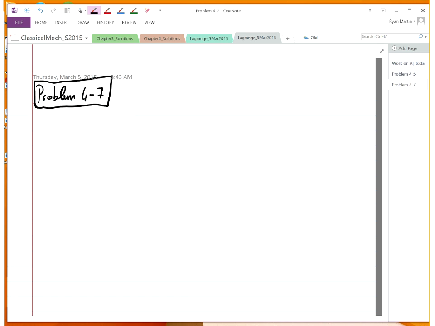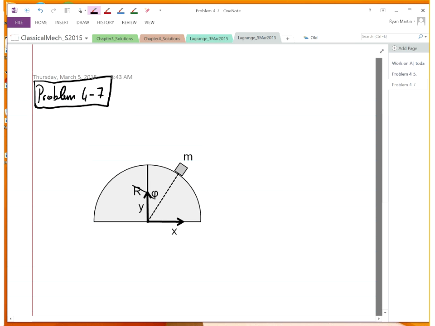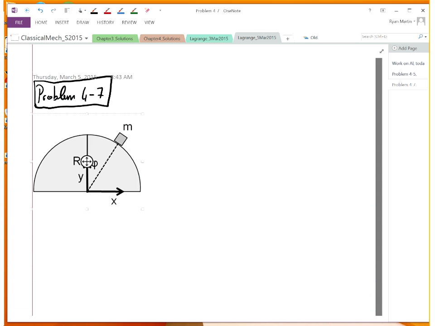So problem 4-7, I advertised this one in the lecture. So we have a block of mass lowercase m, and it starts off at the top of a hemisphere.